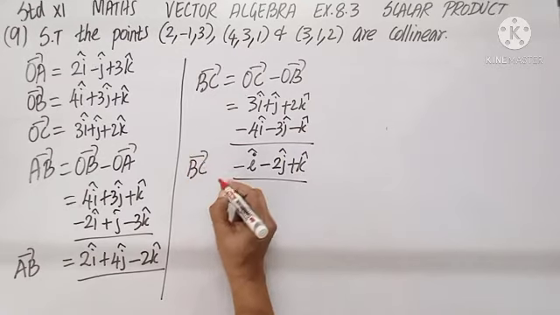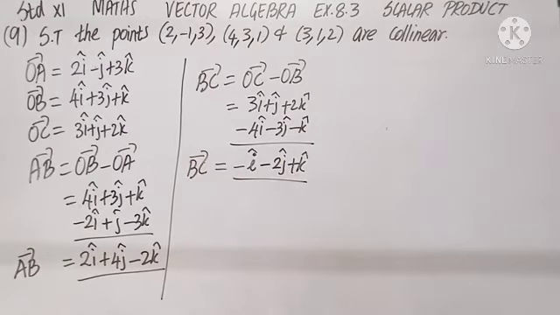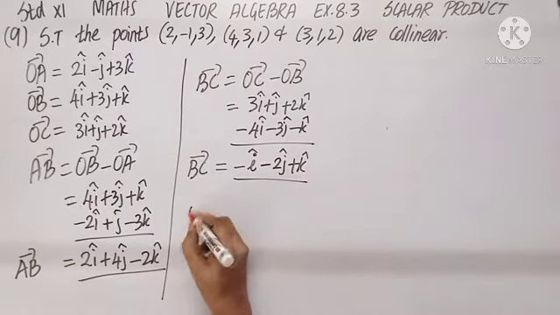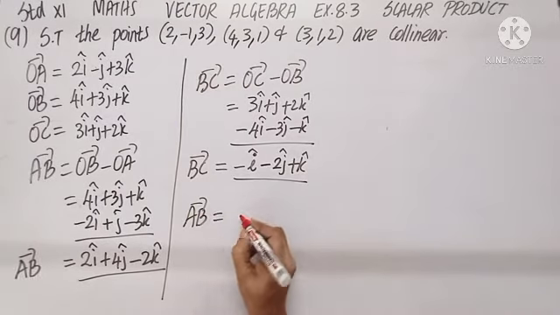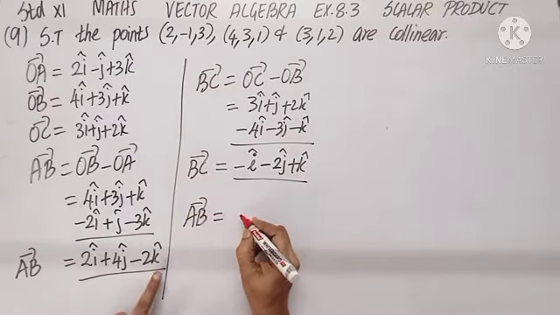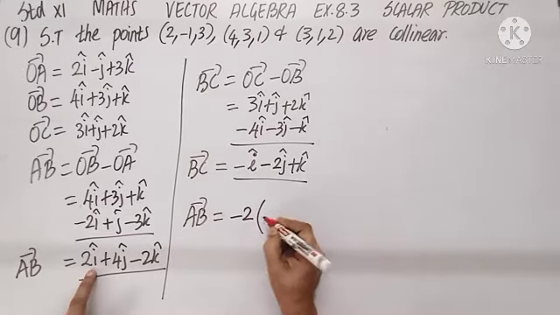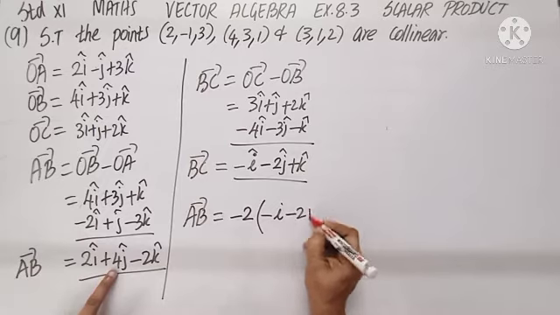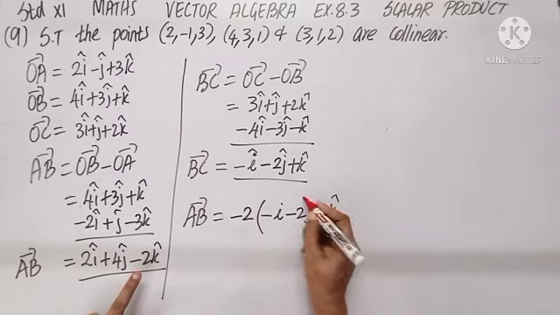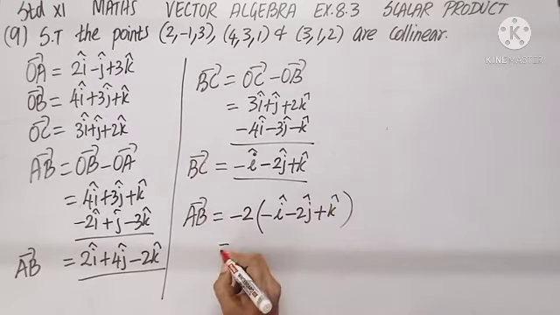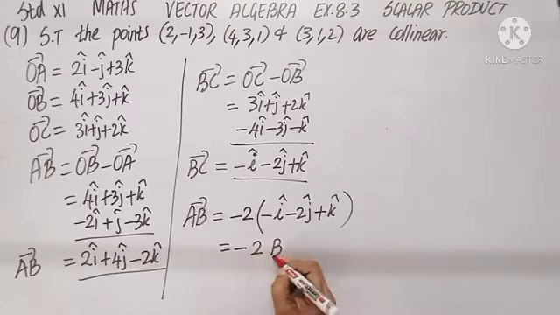As I compare BC and AB, in AB I can take 2 as common, or even minus 2 as common. It becomes minus i minus 2j plus k. So the AB vector is nothing but minus 2 into the BC vector.